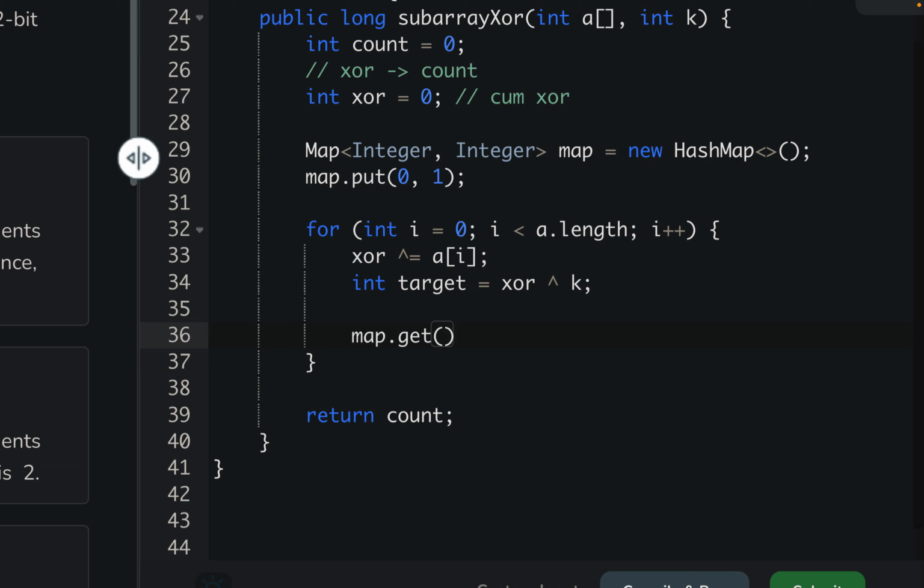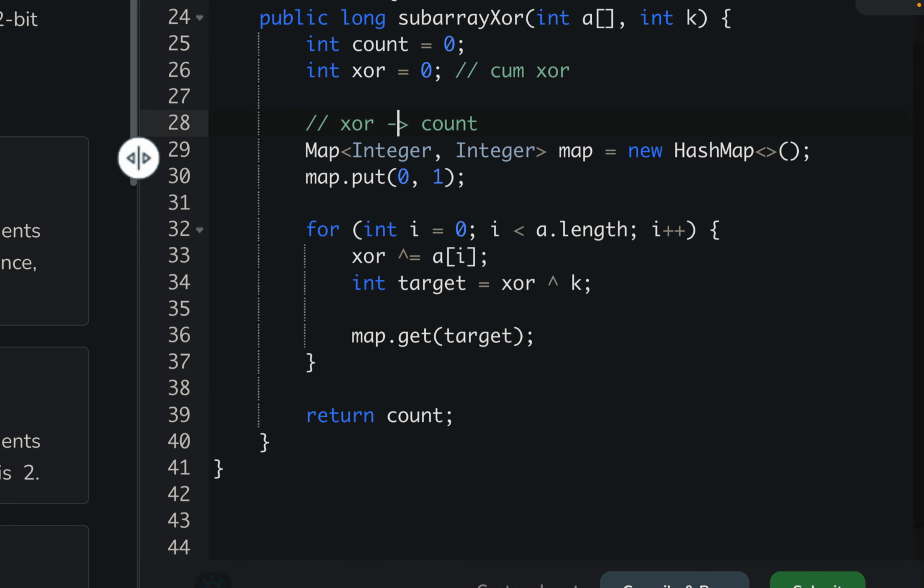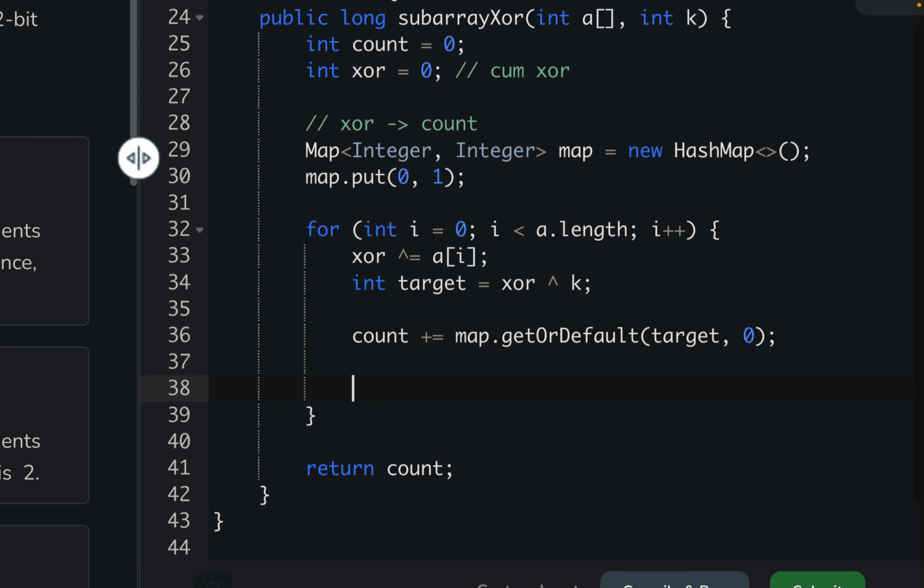I'll get this target, and if I'm getting this, it would give me a count, you remember? So count is here, XOR to count. If I found this target XOR, it will give me a count, and I'll add the count into count plus 1. But it might be possible that it doesn't have it, so by default it would give me 0, a 0 count. Cool. I have updated my count.